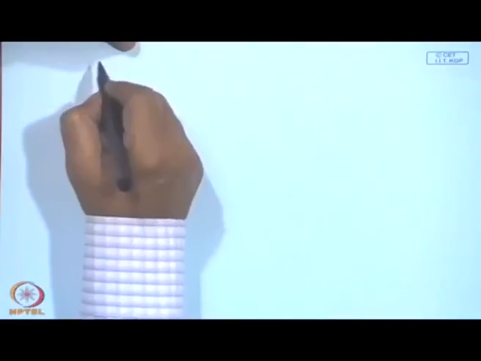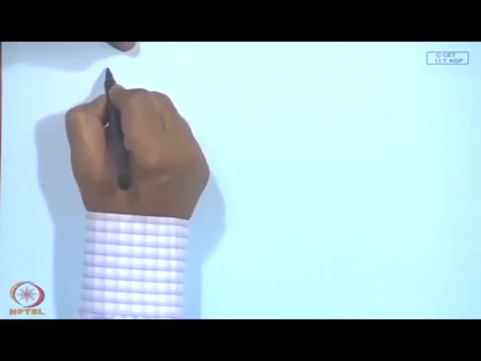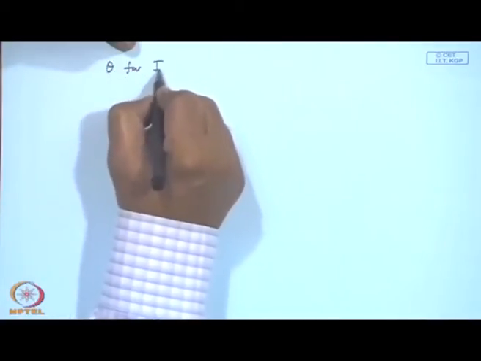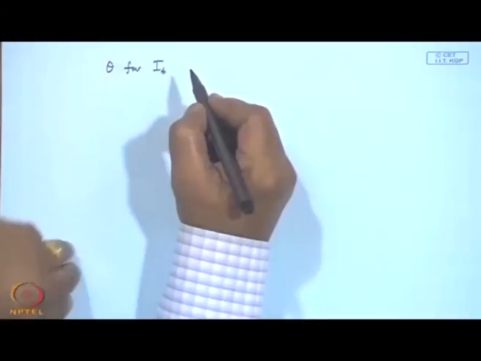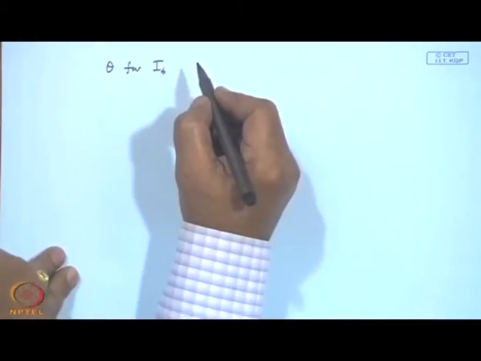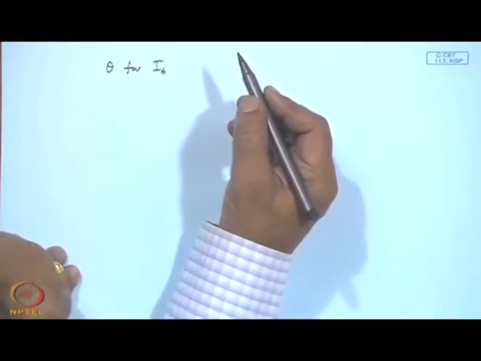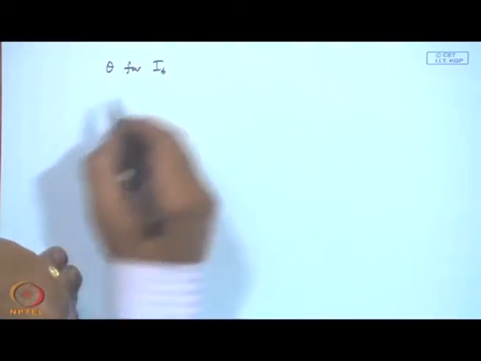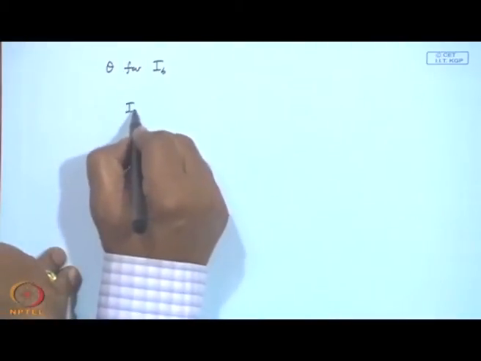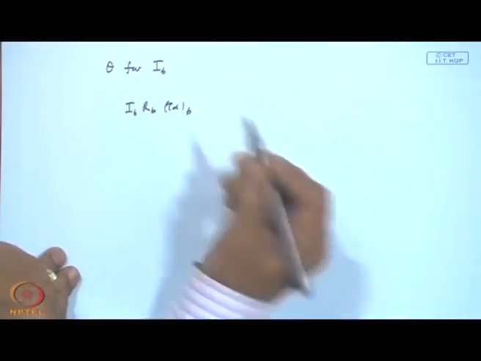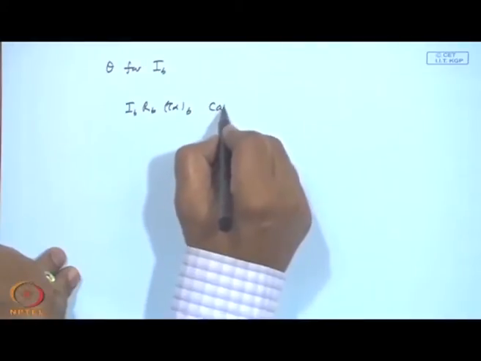So, having given that, and we know at what angle the tilted beam radiation occurs, also we know. So, consequently, the first term I b R b tau alpha b can be calculated.